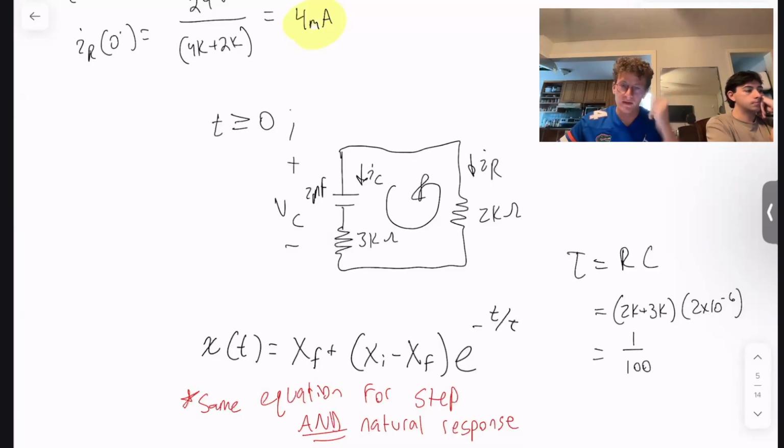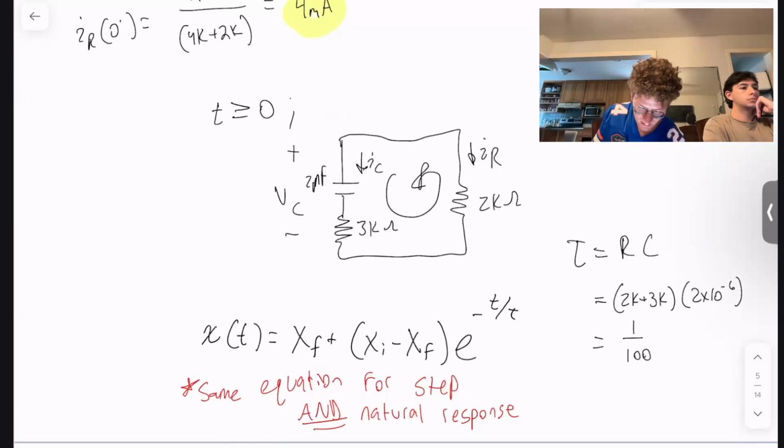The form of the equation that I personally like to use for these kinds of questions looks like this. This works for your step and your natural response questions, for RL and for RC. So you have whatever component you're solving for with respect to time is equal to the final value plus your initial minus final value times e to the minus t over tau.